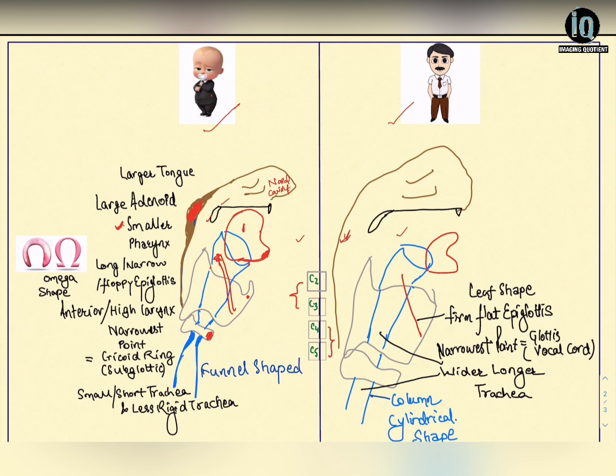And a very important difference is the epiglottis. In the pediatric airway, the epiglottis is omega shaped as seen in this figure, and it is long and narrow, giving a floppy epiglottis appearance as compared to the adult epiglottis, which is leaf shaped, firm, flat.